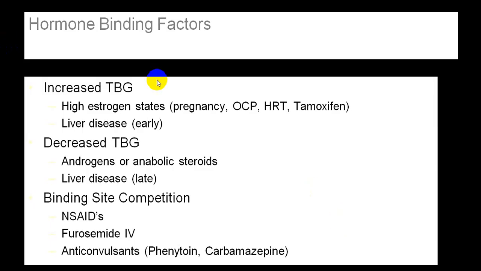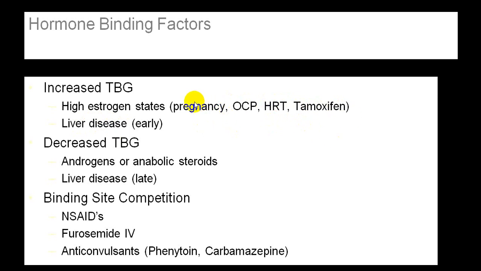Any factor which increases thyroid binding globulin will decrease free T3 and T4 in blood. Classical examples are pregnancy, a person on oral contraceptive pills, a female on hormone replacement therapy, a person with liver disease in the early stage, or a person getting tamoxifen.